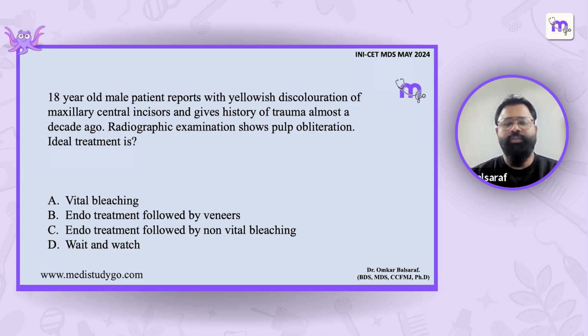We have an 18-year-old male who reports to the OPD with yellowish discoloration of maxillary central incisors. He also gives a history of trauma almost 10 years back. Radiographic examination shows pulp obliteration. Ideal treatment is.